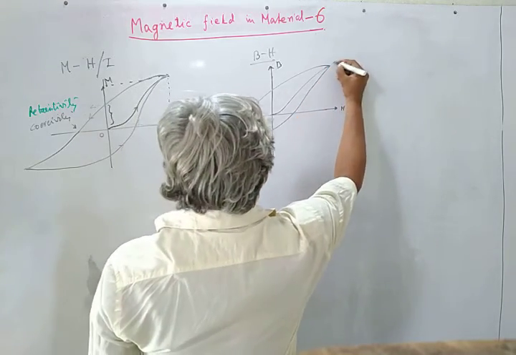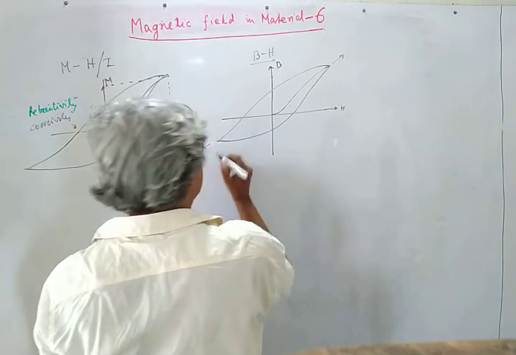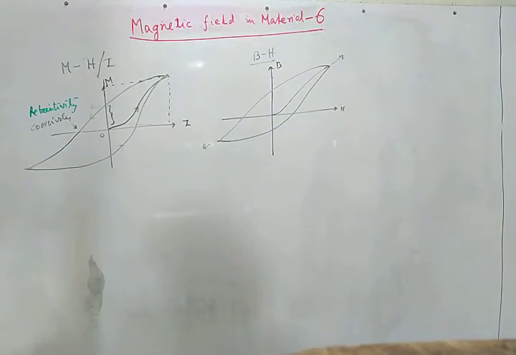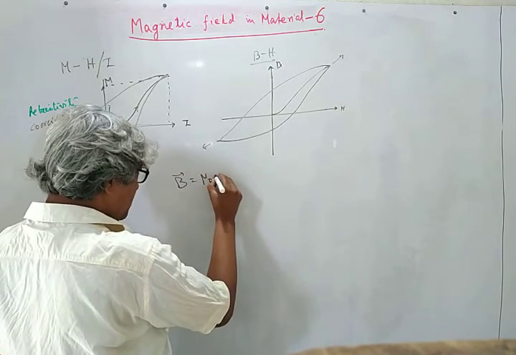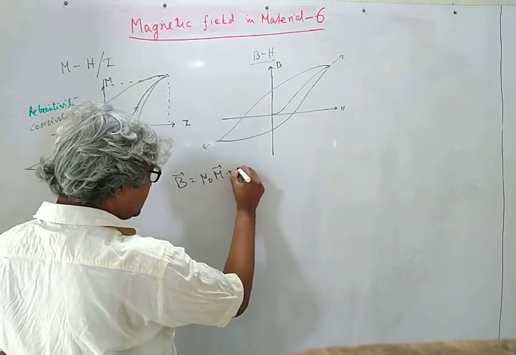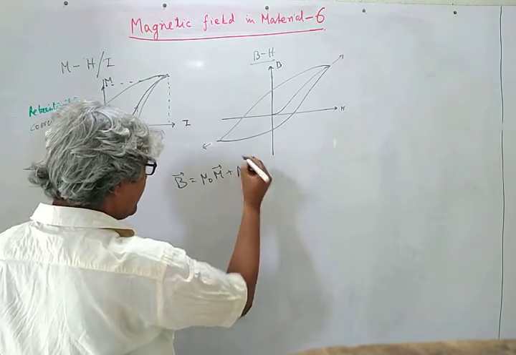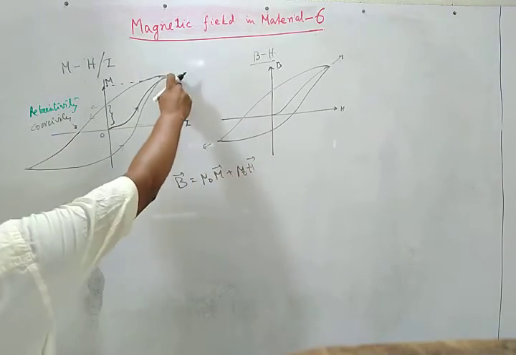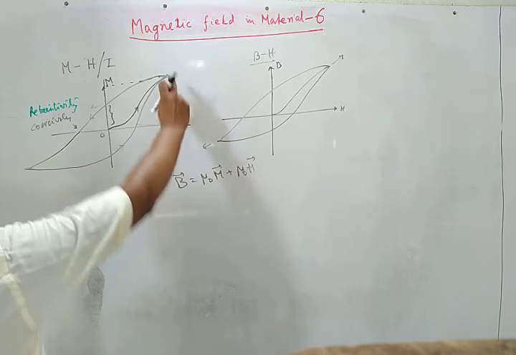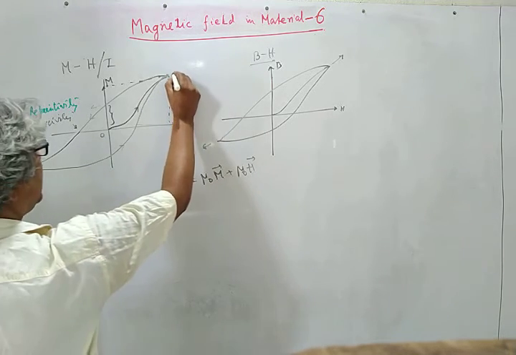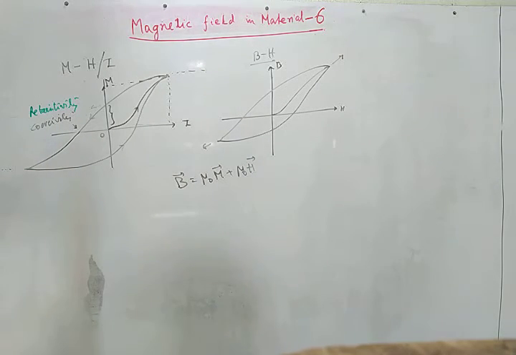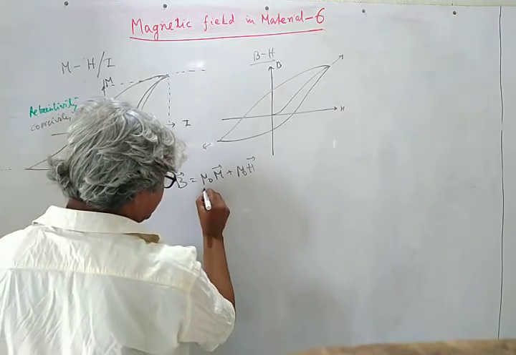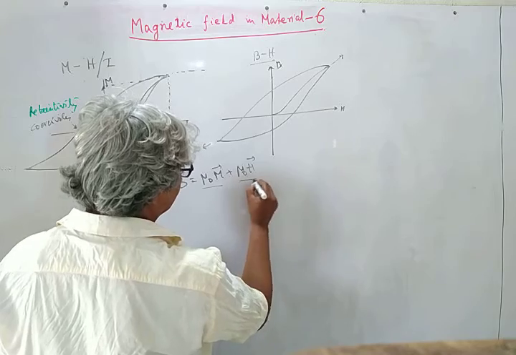This is the BH hysteresis curve, and here the difference is that we define B as mu 0 M plus mu 0 H. At this point, M comes to a saturation, so the curve will be horizontal even if we increase H. But here, even at the saturation point of M, B has a linear relation.